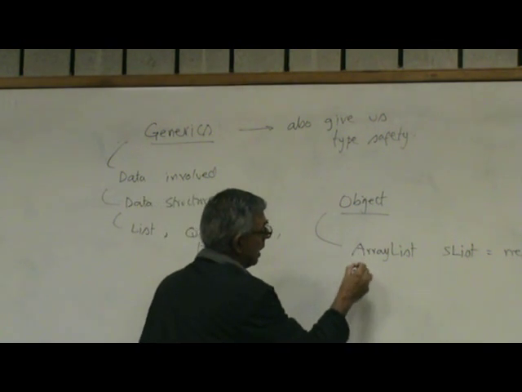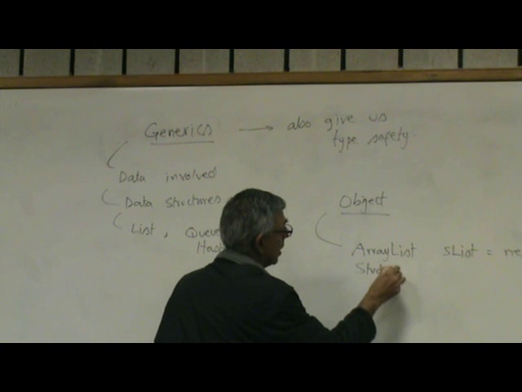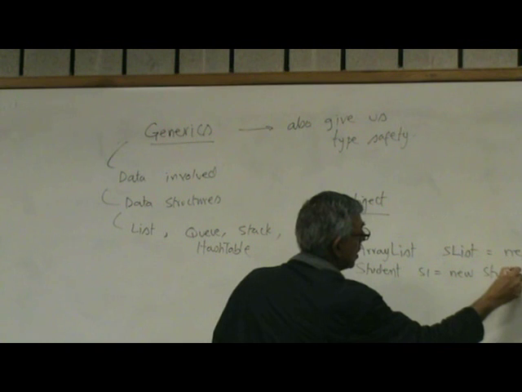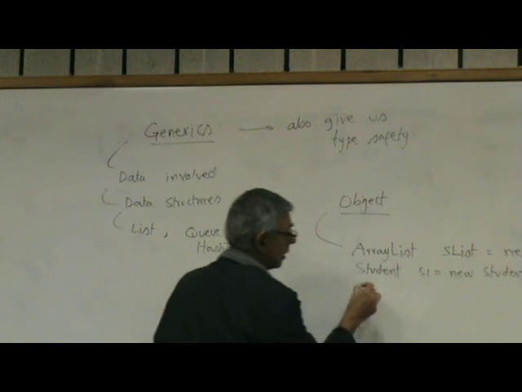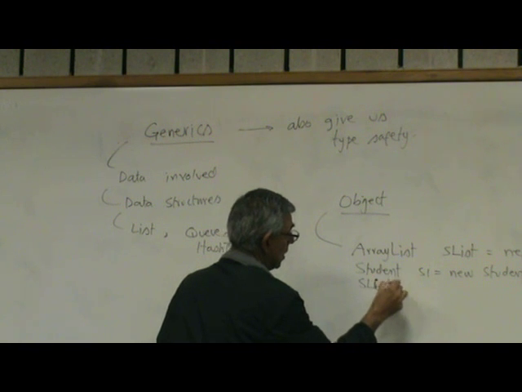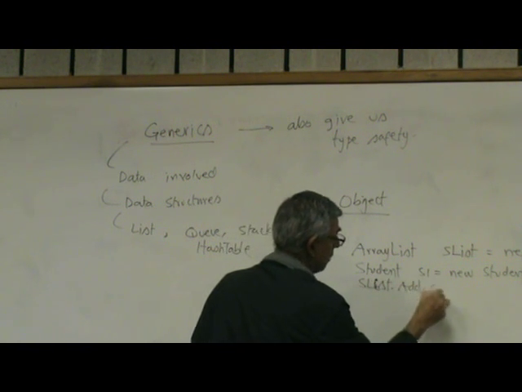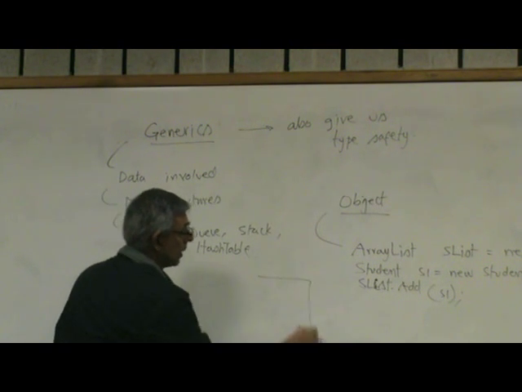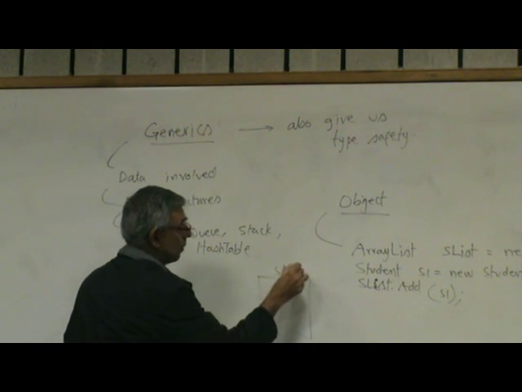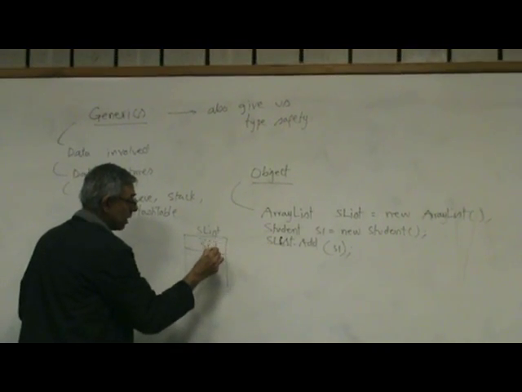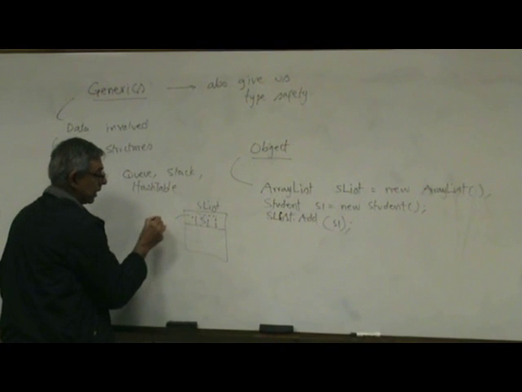So, for example, I can create a student S1 equal to new student, and I can do slist.add, for example, S1, right? So as soon as we store S1 in it, what happens? S1 gets wrapped around as an object, correct?